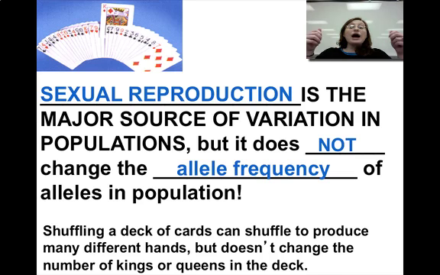The random combination of those alleles coming together through sexual reproduction is going to produce variation. Very important for you to understand, allele frequency is not changed by sexual reproduction. Therefore, evolution is not going to occur due to increasing sexual reproduction.